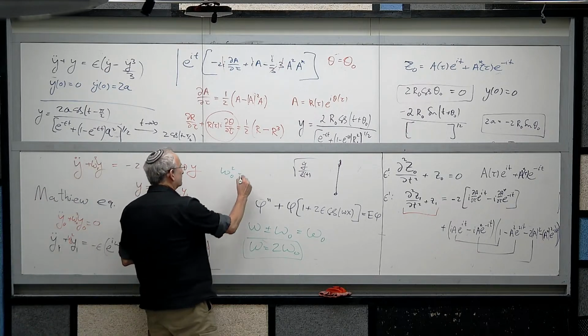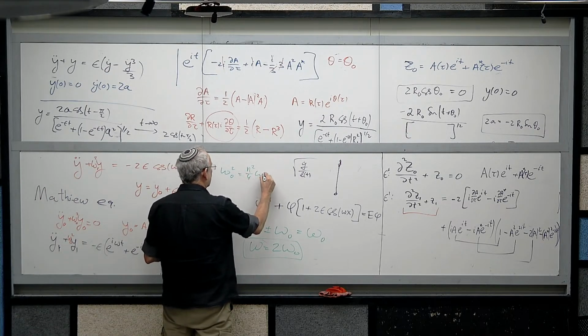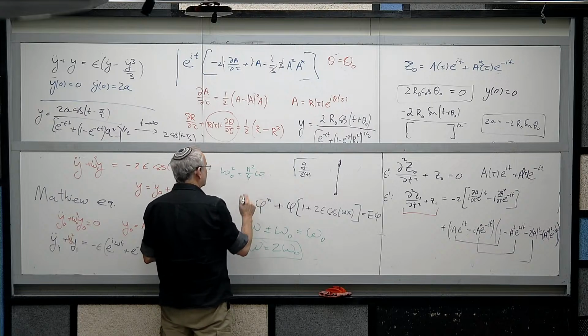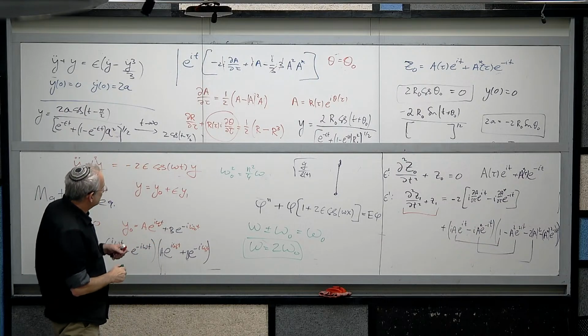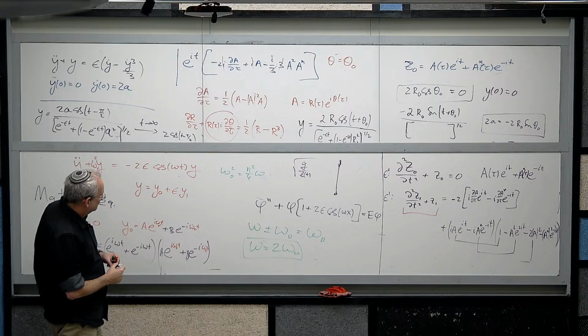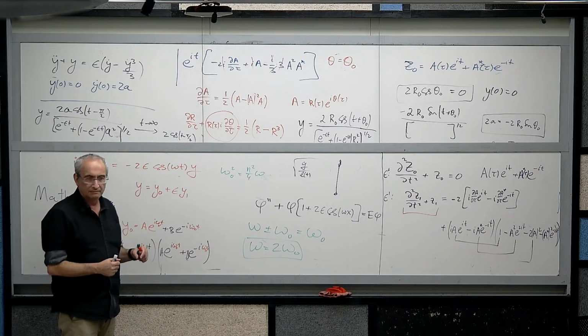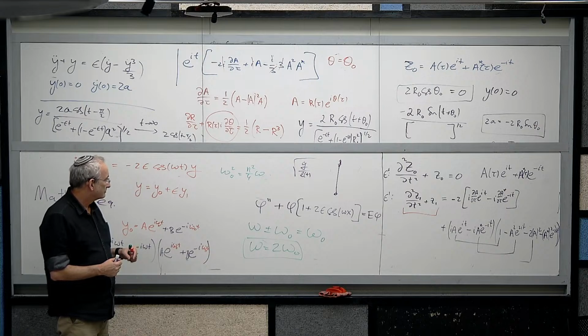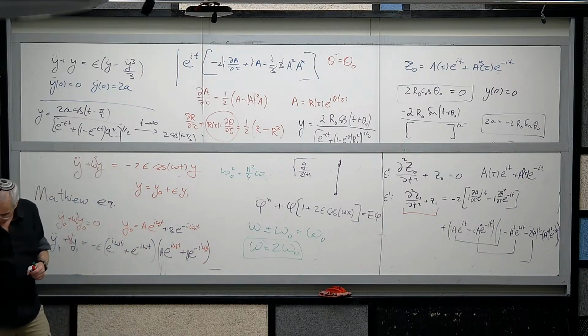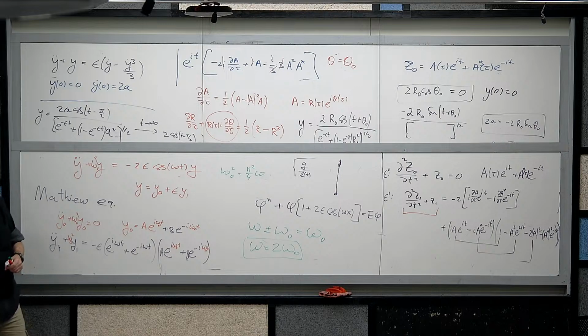So if n is 1, then omega naught squared is a quarter of omega. But it should be omega naught squared equal to n squared over 4 omega squared. What about the units?